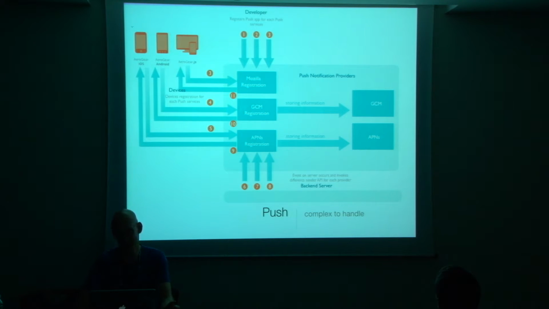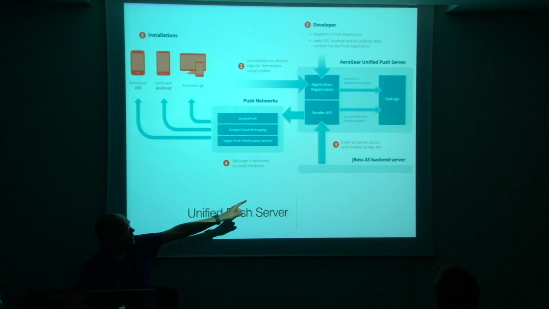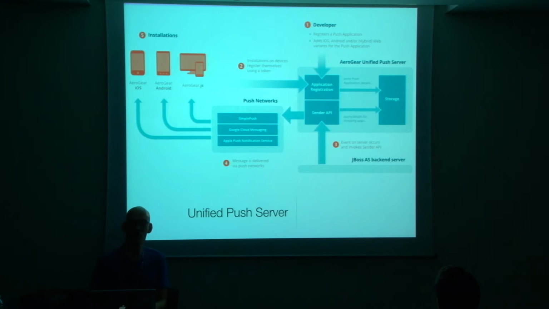That's not really cool. So what we built is basically a delegate, or a proxy delegate. Your backend is over there. It only talks to the Unified Push Server. This is our server, and it will delegate to all the networks. So you only have to deal with one server, and it will do all the hard work for you.